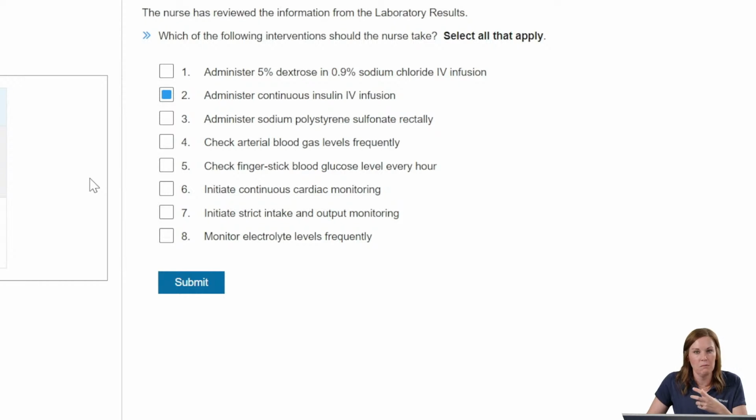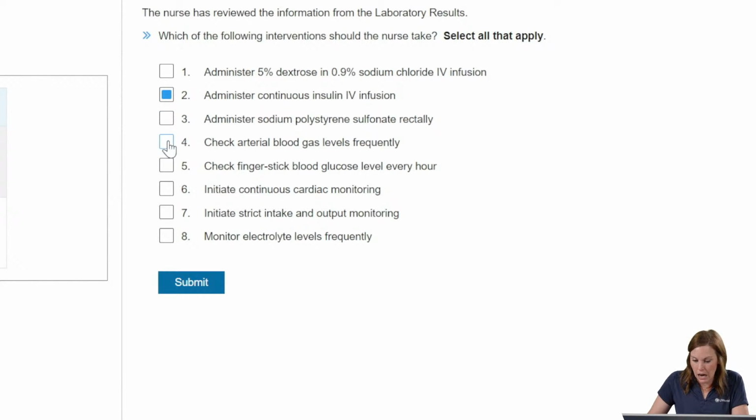They have pseudo-hyperkalemia, so it's all a reflection of the amount of circulating fluid in our bloodstream. So we don't want to lower our potassium. We're actually going to want to monitor our electrolytes super closely, and we're going to want to administer potassium as we're treating these clients because we worry about their heart. We have to protect their heart from any of those dysrhythmias. So that is not a correct answer.